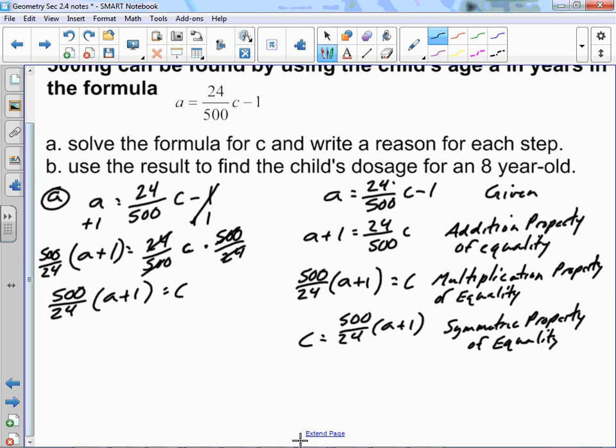All right, so then there's a B portion to this, which says use the result to find the child's dosage for an 8-year-old. So for B, we're saying the age, A, is equal to 8. If we plug that into the equation, C equals 500 over 24 times 8 plus 1.